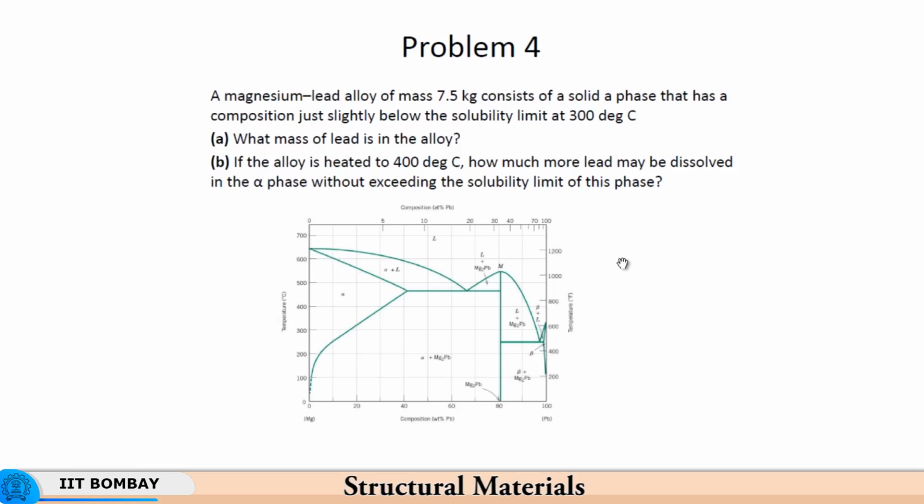When it is heated to 400 degrees centigrade, the quantity of lead in alpha increases, which means that the Mg2Pb that was present earlier, when only 16 odd percent could be dissolved in the magnesium and you had the rest of it as Mg2Pb, now gives up some amount of lead, and naturally that lead will dissolve at high temperatures in this alpha.